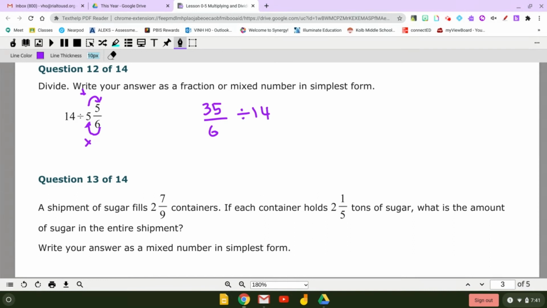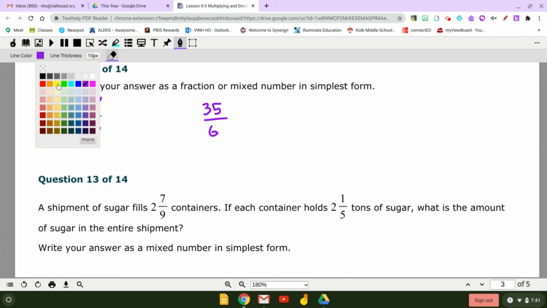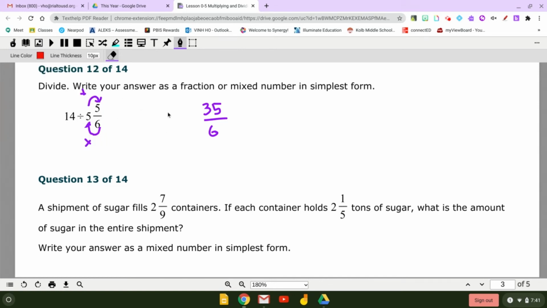Can I write it that way? The answer is no. You cannot switch the order of the terms for a division problem. It's going to change everything. You have to keep the same order. It's going to be 14 first, 14 divided by 35 over 6. Really important.